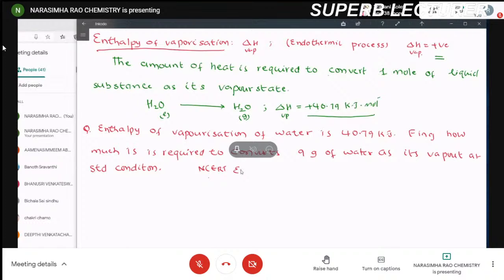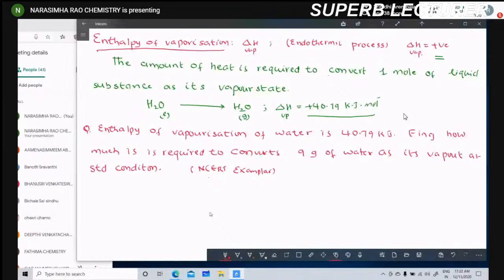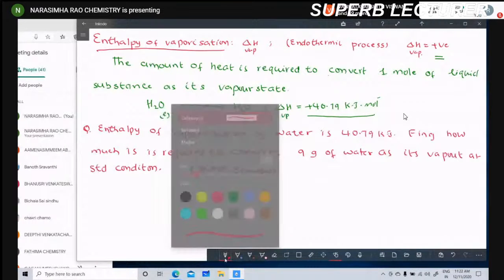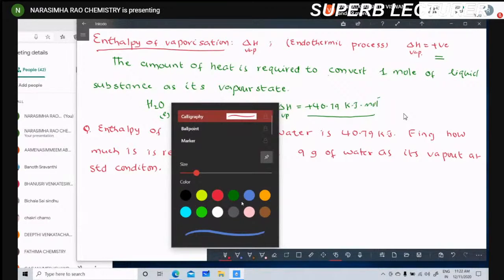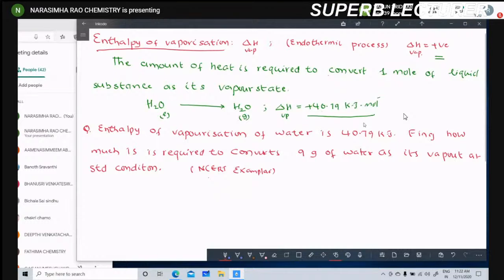Is it 20.195? Clear now? The given data is giving this information.